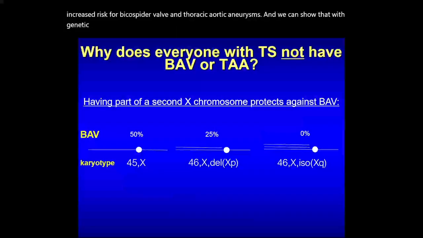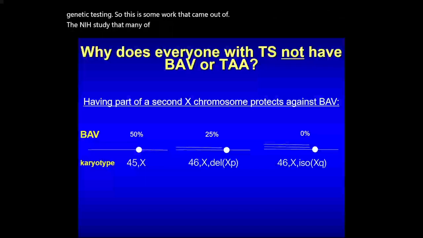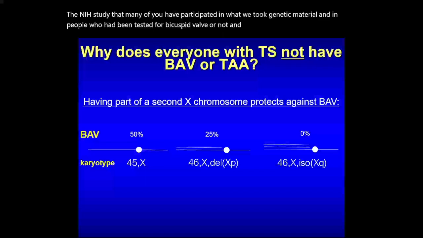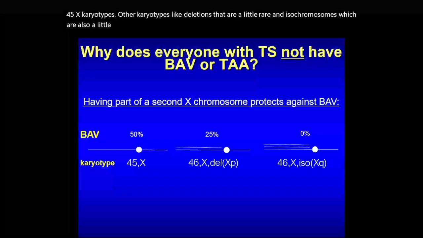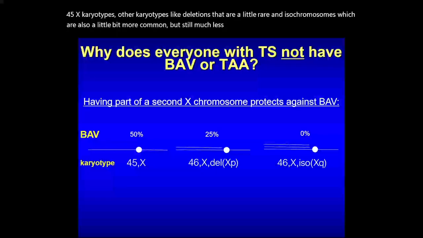So this is some work that came out of the NIH study that many of you have participated in, where we took genetic material in people who had been tested for bicuspid valve or not, and we looked at how many of them had 45X karyotypes, other karyotypes like deletions that are a little rarer, and isochromosomes, which are also a little bit more common, but still much less frequent than 45X.